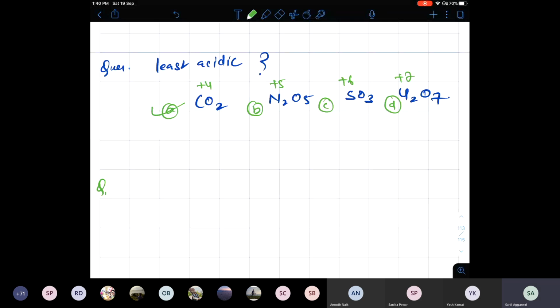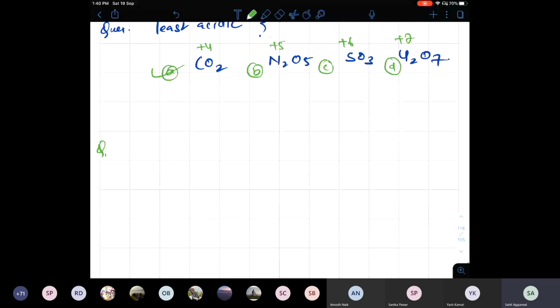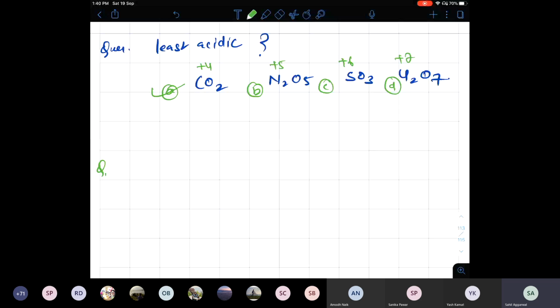Central atom is only one. Yes, maximum time it is only one. As of now, you consider it as only one. So which one is the central atom in N2O5? Nitrogen, least electronegative. So there are two N, right? Yeah, but that's what I said, maximum times it will be one.